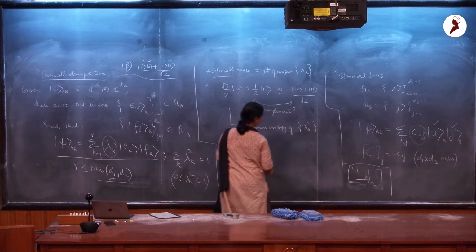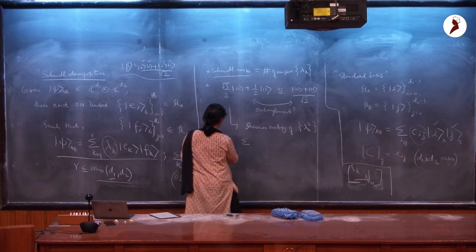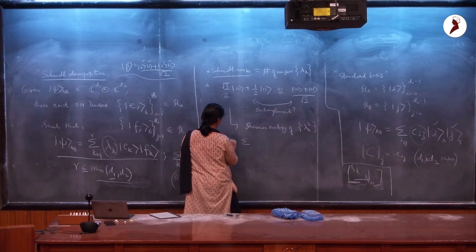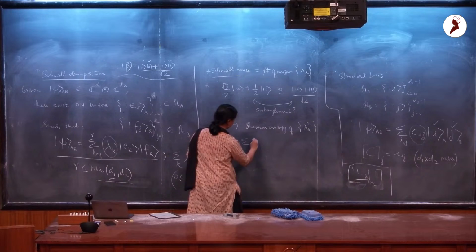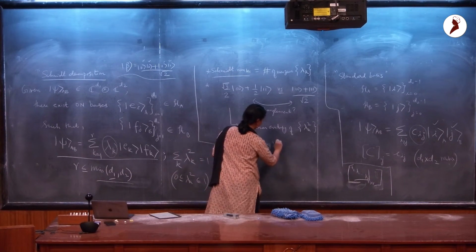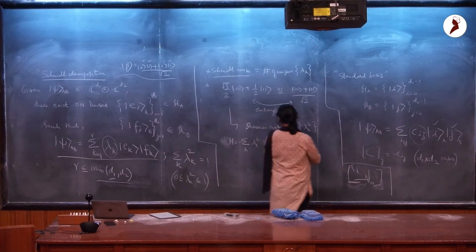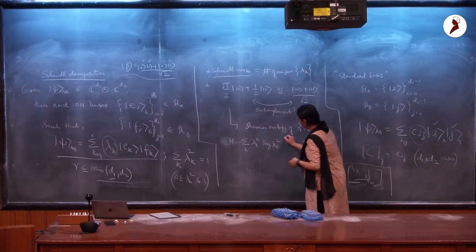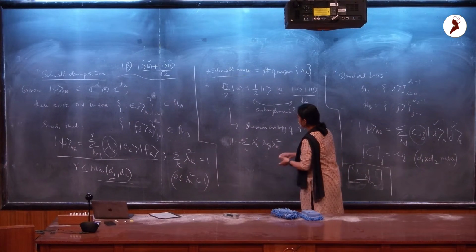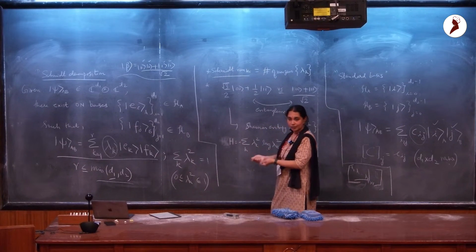lambda_k squared. So I can write down this measure, let me just call this h, which is minus the sum over k of lambda_k squared log lambda_k squared. So of course, once again you see that if there's only one term in this expansion, then this is like having a single pure state, right?